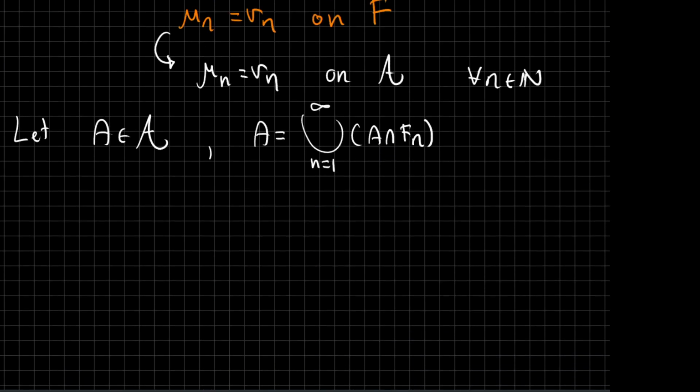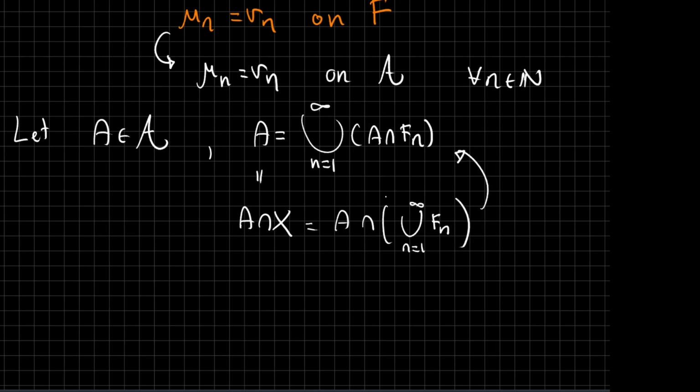So we can write A as A intersected with X, and this happens to be this thing here, and you apply the property of intersections, and you have that. And given that this family was increasing, and given that A is a fixed set, this is also increasing, right?